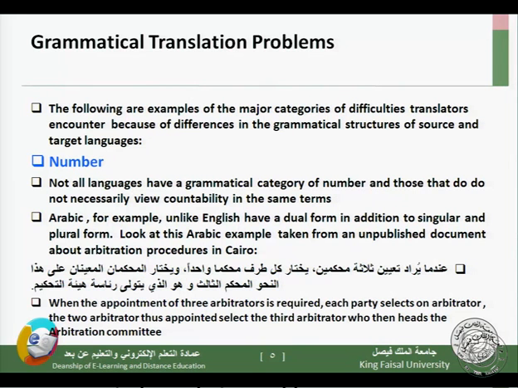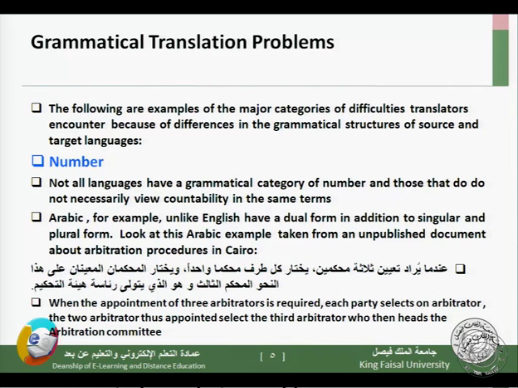Why? Because of the differences in the grammatical structure of source and target languages. Grammatical structures in Arabic might cause difficulties to the translator who is translating these grammatical structures from Arabic into English. Why? Because in English they don't have such structures, and vice versa is correct.